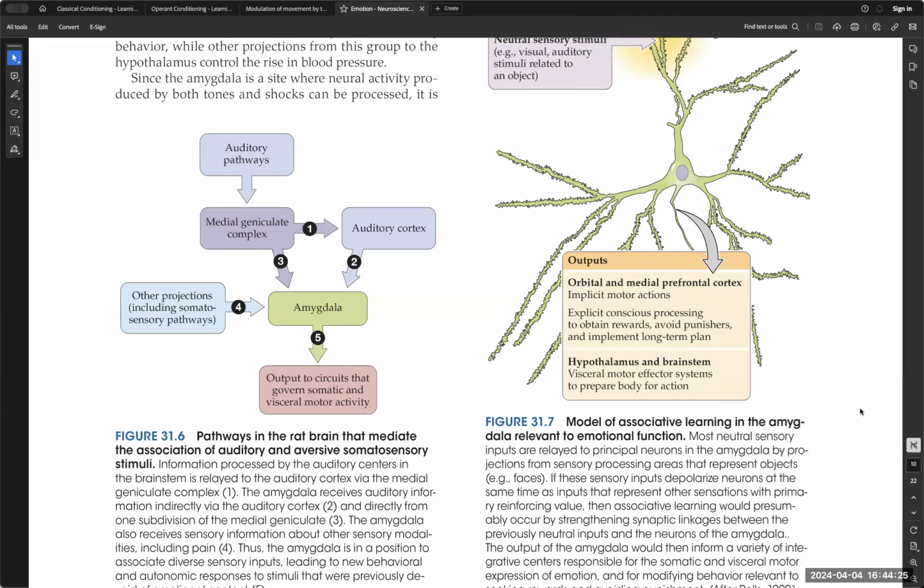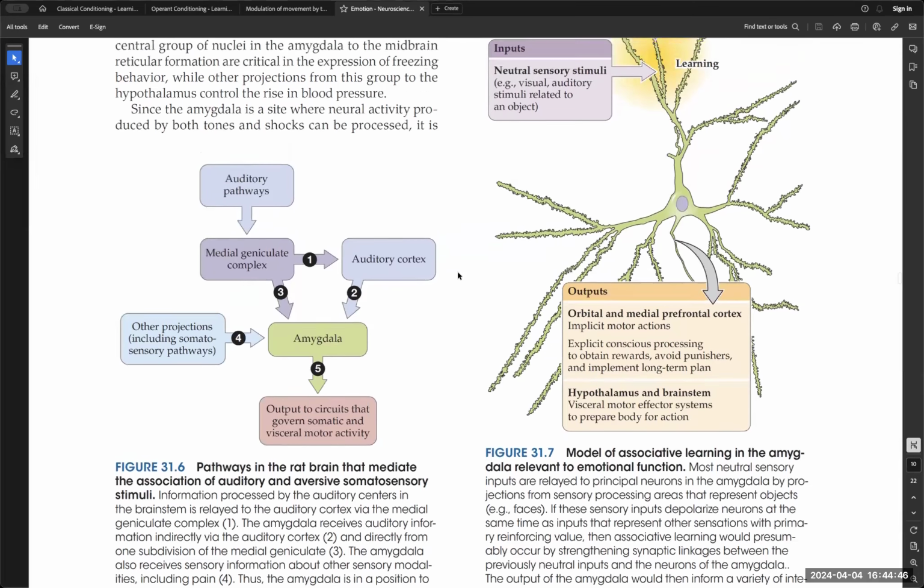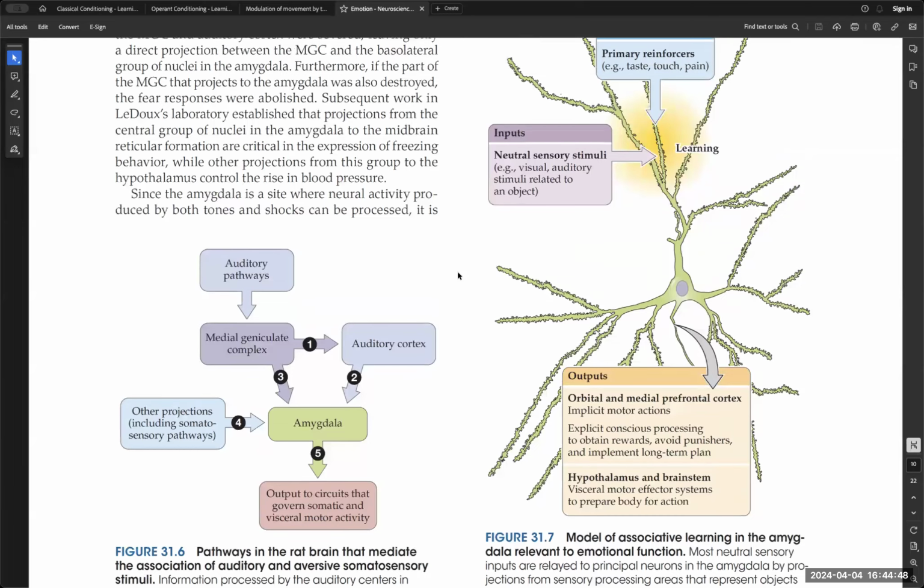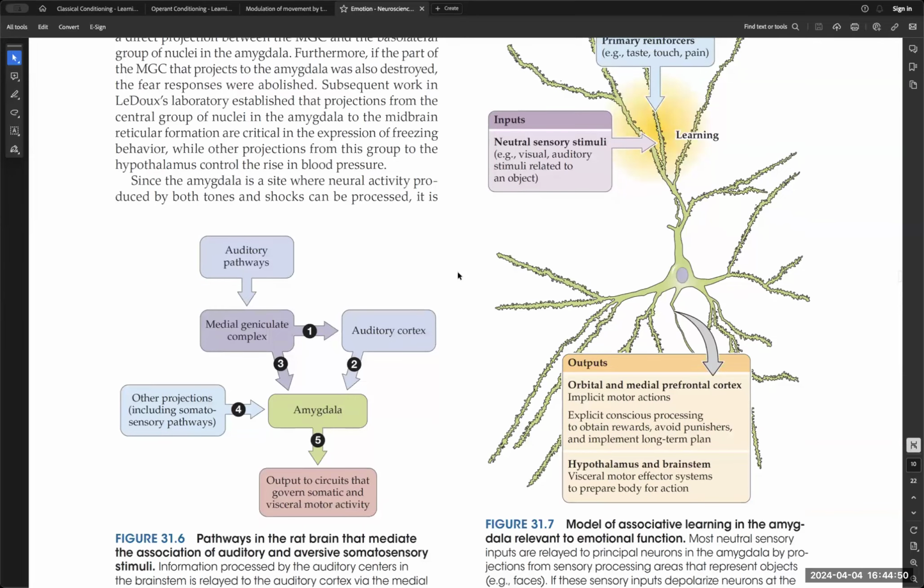Okay? So based on that, we try to understand how and why the amygdala is extremely important when it comes to expression of emotions. Now, can someone tell me, we understood fear, what about other emotions? The short answer is that fear is the most well-studied emotion. That's why this is mostly what you will hear about when you talk about emotions.